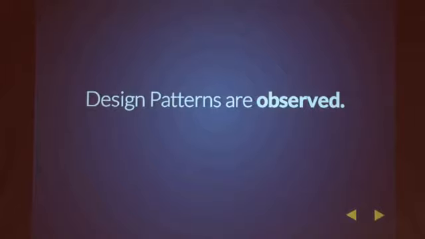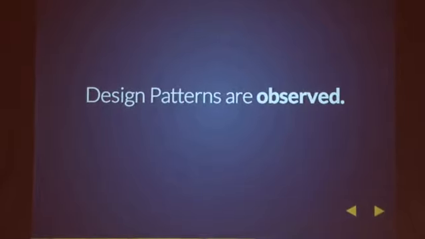So you can't just go out and say, I'm going to create a design pattern. There's a problem, and I'm going to solve it, and everybody's going to reuse this. Design patterns come from, yes, you have a problem, yes, you solve it, but it's not necessarily going to be right the first time. You notice that you're reusing this same solution, and you end up abstracting it down to its core concept so that it can apply to different places.